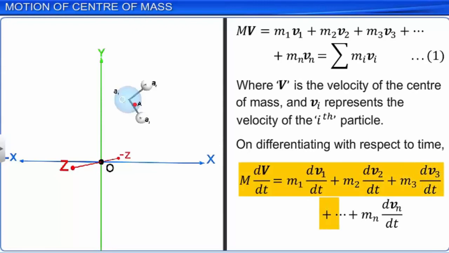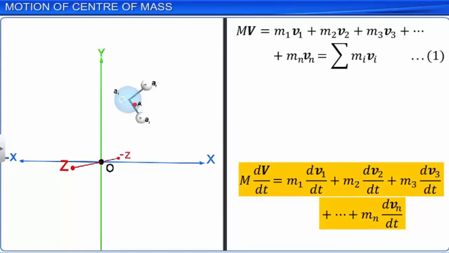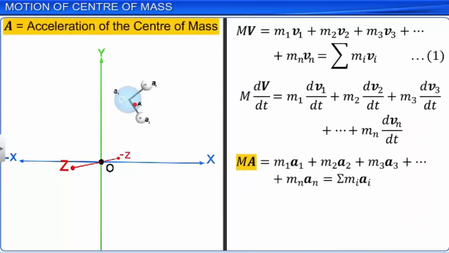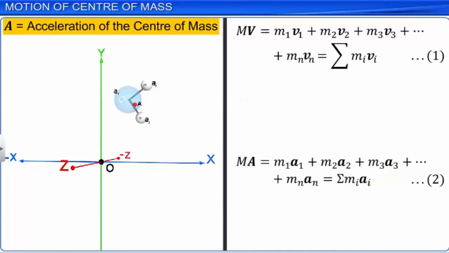So ma is equal to m1a1 plus m2a2 plus m3a3 and so on, plus mnan, which is equal to sigma of miai. Let this be equation 2, where a is the acceleration of the center of mass and ai represents the acceleration of the ith particle.